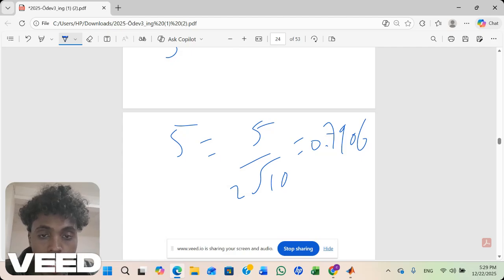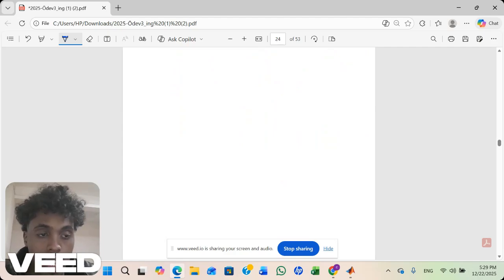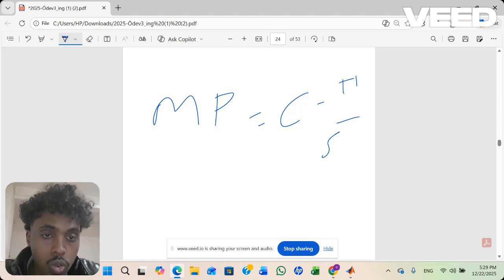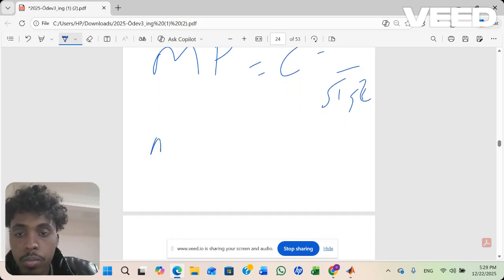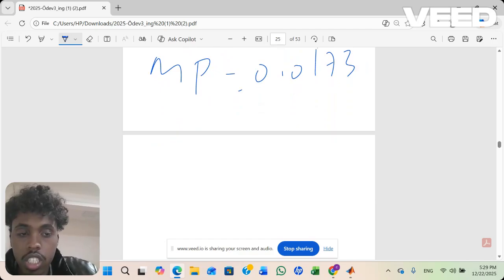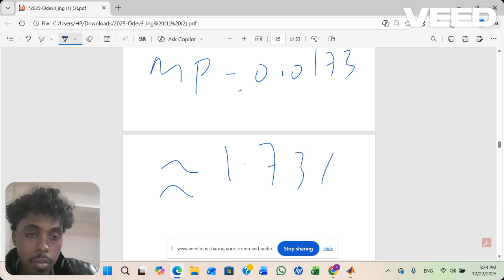So we have to say Mp is e to the minus pi zeta over radical 1 minus zeta squared. So Mp is 0.0173, which is like 1.73 percent.